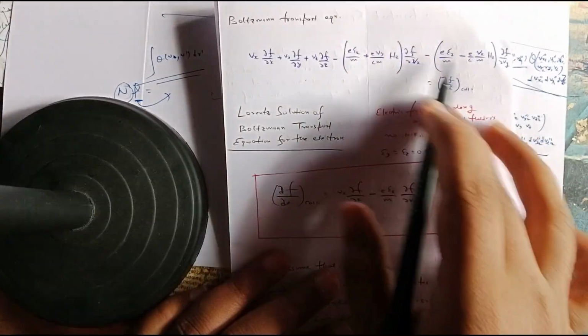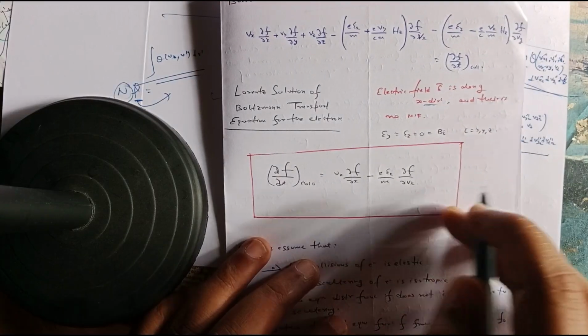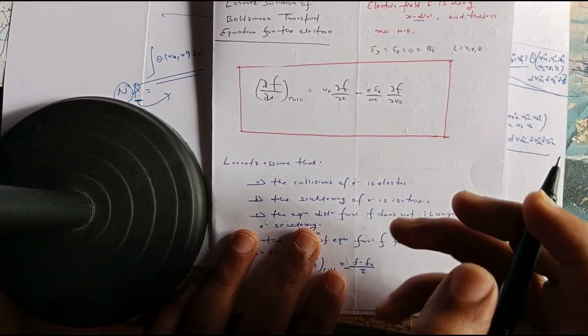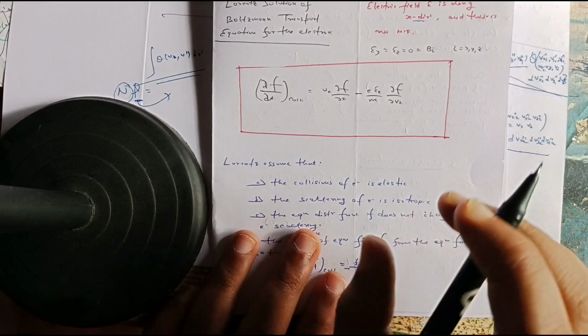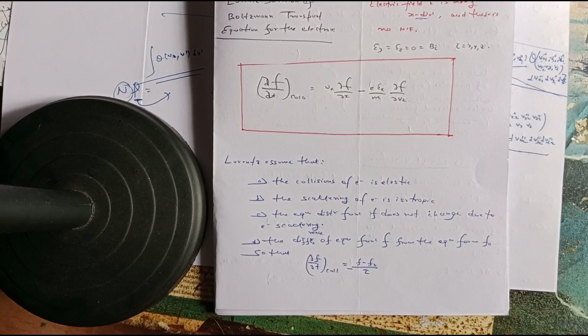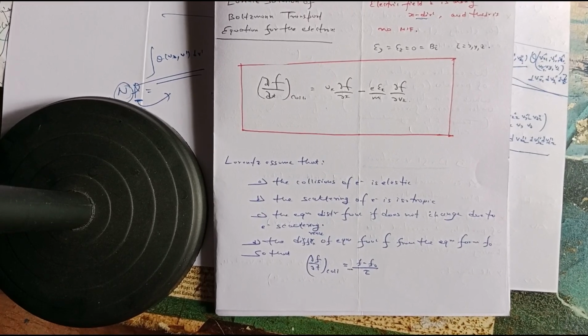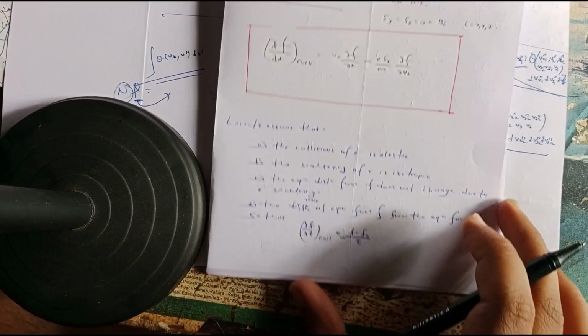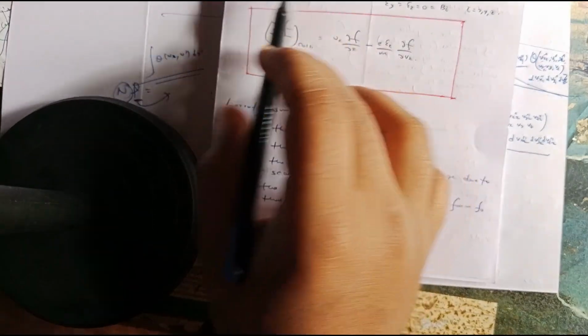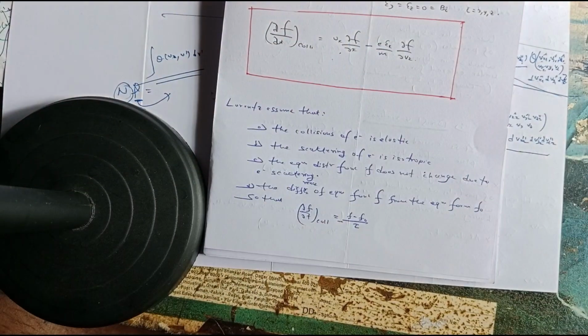So our Boltzmann transport equation changes to this form. It takes a much simpler form, because our electronic system is subjected only to an electric field directed along the x direction. This is our Boltzmann transport equation for the electron.